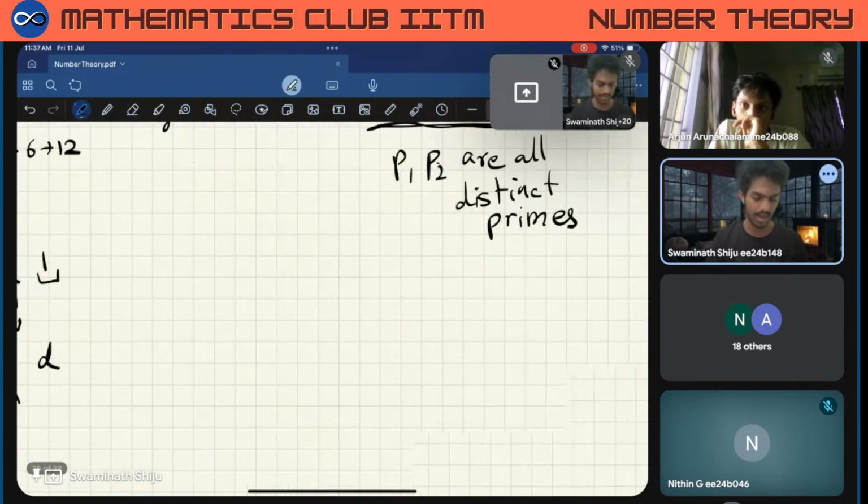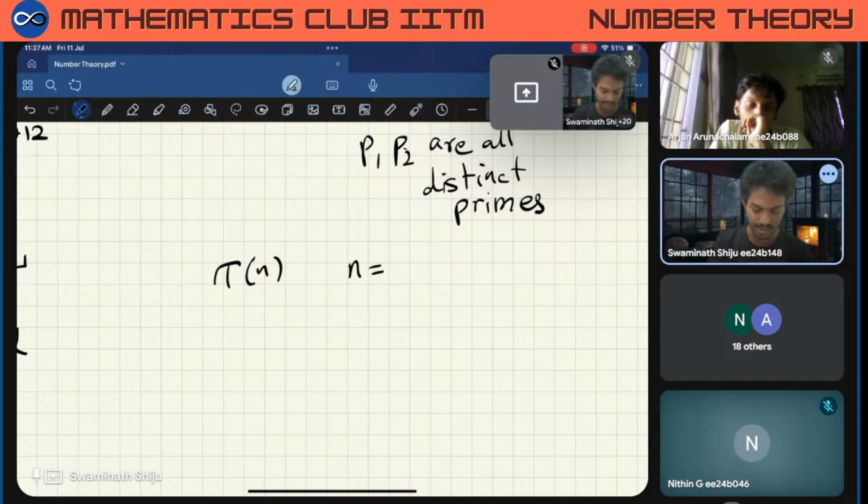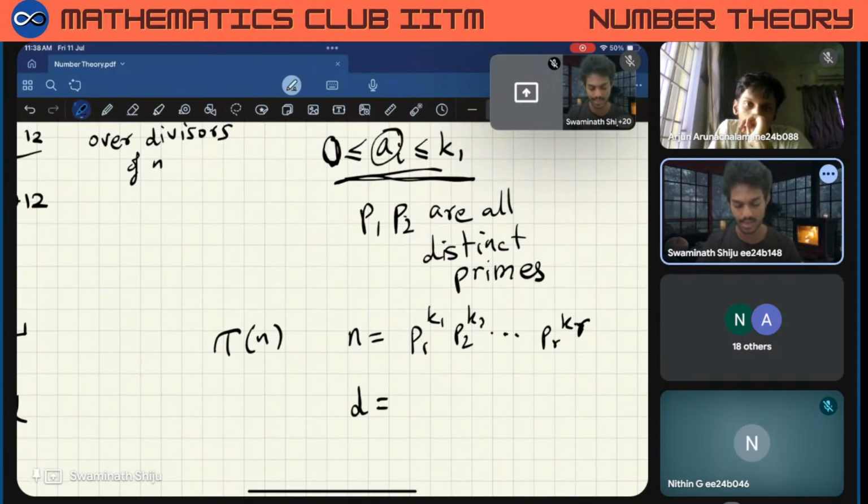Now, how many factors are there? We'll use a combinatorial argument to find tau of n. If we can write n as p1^k1 p2^k2 ... pr^kr, every d will be distinct up to the choice of exponents.